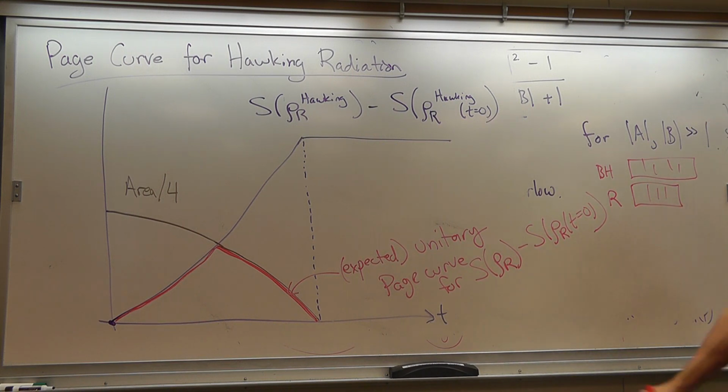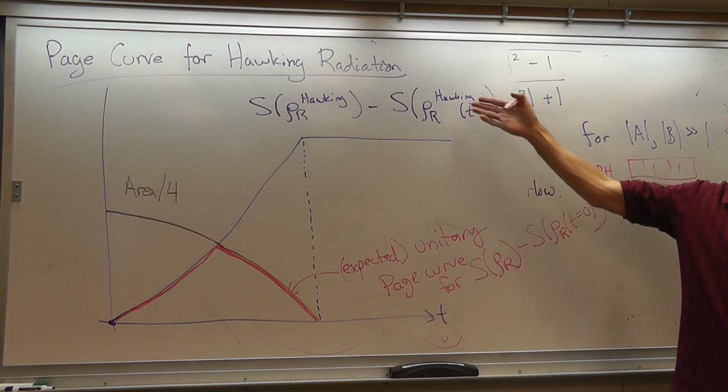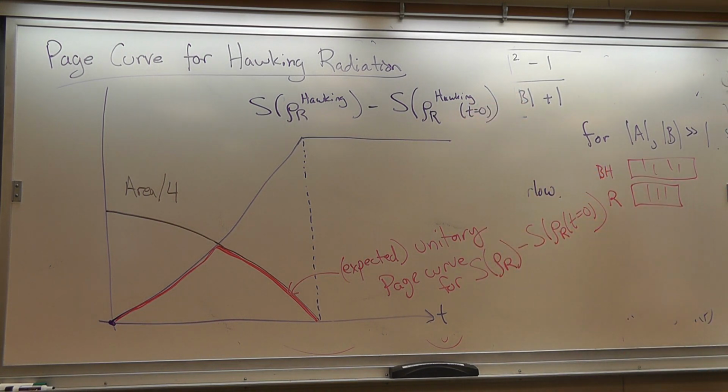The reason we have to subtract off something in these two cases is that region R now is this region here in the Penrose diagram, and it has a bunch of virtual contributions from short distance stuff near the edge that were not in our Qbit model.